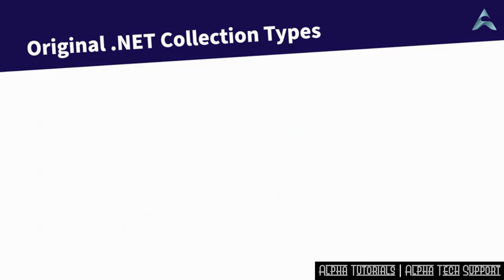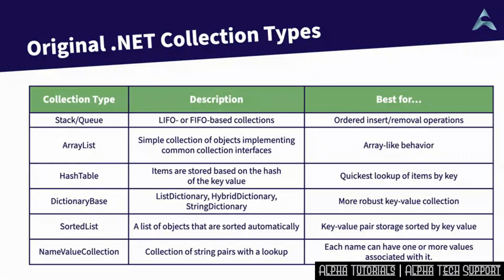We have these original .NET collection types in that System.Collections. So we have the Stack and Queue for that last in, first out, or first in, first out, that ordered insert and removal type operations. Got our ArrayList for simple collections of objects, works like an array, but dynamically expands and gives us more capabilities.